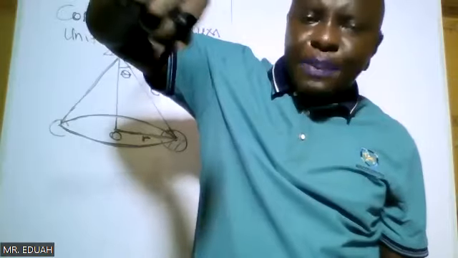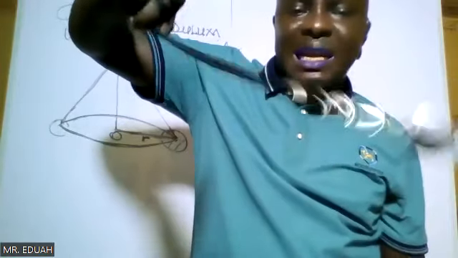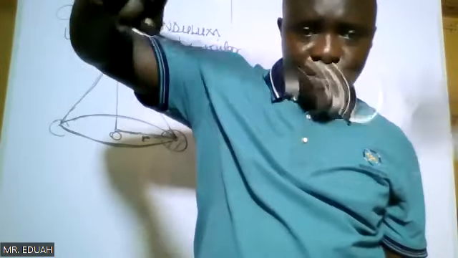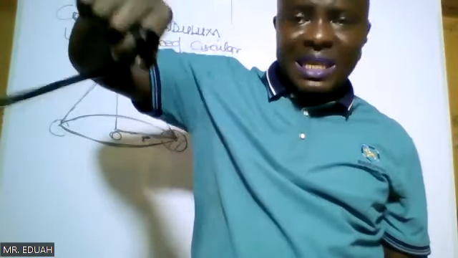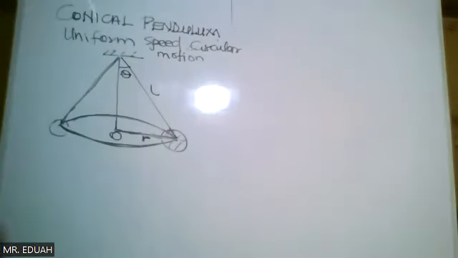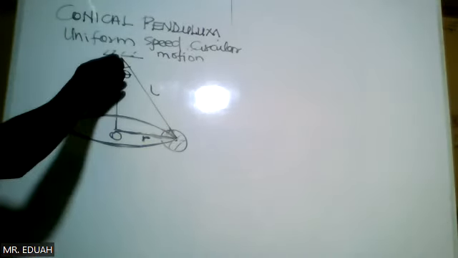So in a conical pendulum, the string makes an angle theta degrees with the vertical. That is one thing you must see. The string makes an angle theta degrees with the vertical. Are you fine? Yes, please.